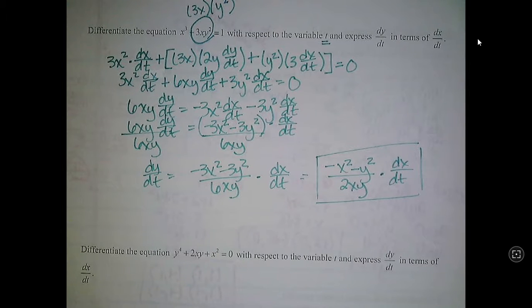Okay, and let's take a look at that last example. Again, we want to differentiate with respect to t, and again, we want to find dy dt in terms of dx dt. This time we're looking at the equation y to the fourth plus 2xy plus x squared equals 0.